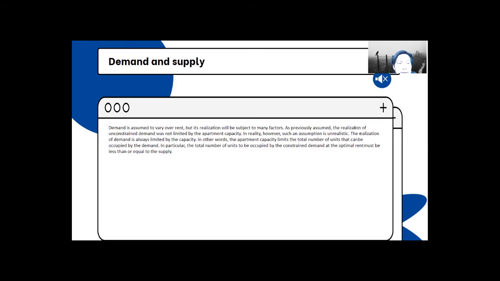The relationship of demand is always limited by capacity. In other words, the apartment capacity limits the total number of units that can be occupied by the demand. In particular, the total number of units to be occupied by the constrained demand at the optimal rent must be less than or equal to the supply.